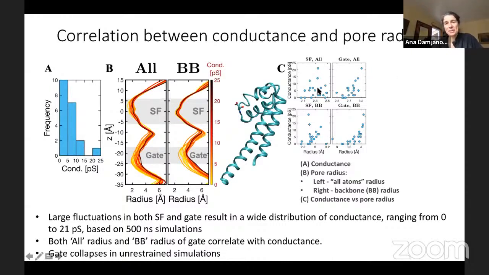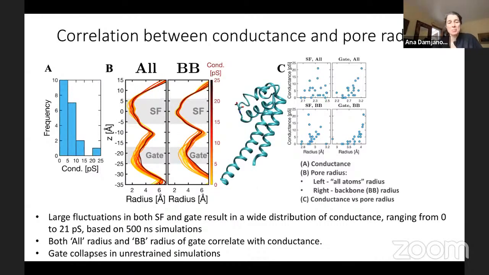We looked at the selectivity filter. In some cases, if we looked at all atoms, it wasn't that well correlated, but when we looked at the backbone atoms only, there was some correlation. So what happened actually is that the gate further shrinks a little bit from the PDB structure.